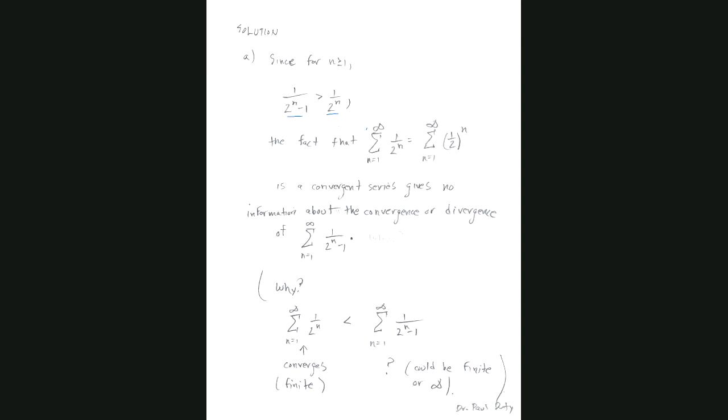That's a convergent geometric series, and the reason is the common ratio, a half, is less than 1. But it doesn't give formally any information about the convergence or divergence of our series.